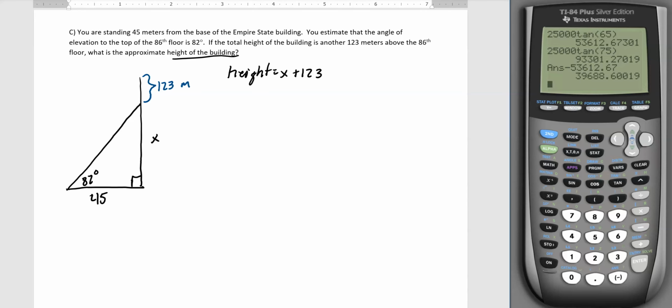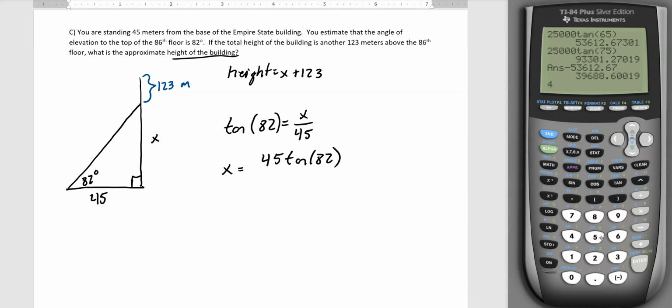So this is opposite, adjacent. Again, we're using tangent. So we'd say the tangent of 82 equals my opposite over my adjacent, 45. So that means x will equal 45 times the tangent of 82. 45 times the tangent of 82, and we get 320.19.